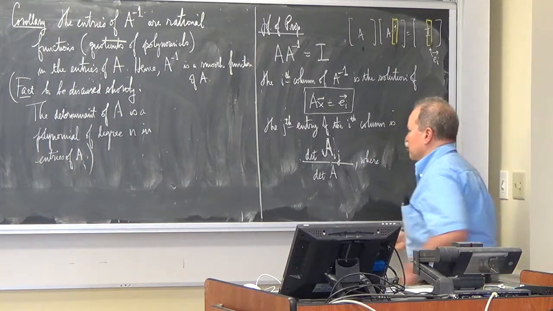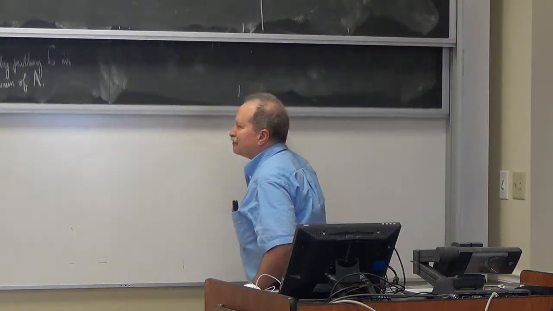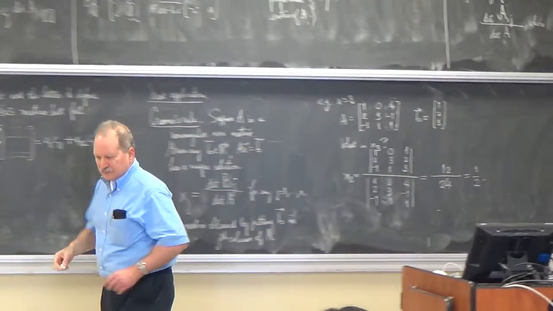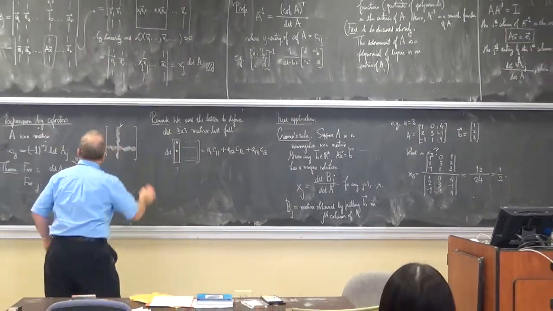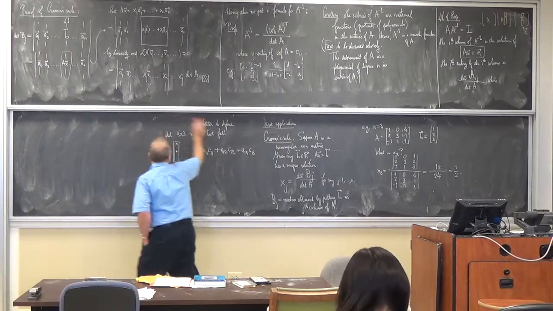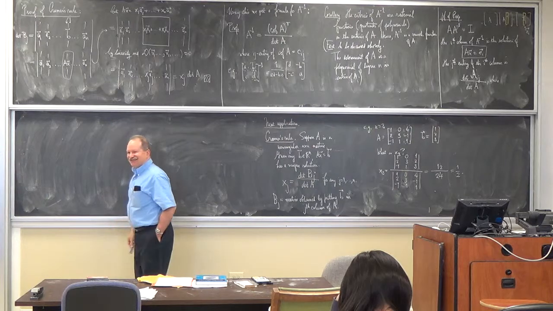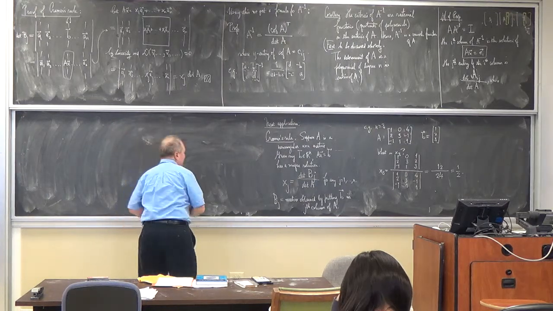So what is script A_ij going to be? We're going to substitute e_i, the ith standard basis vector, for the jth column. So this gets confusing, actually.